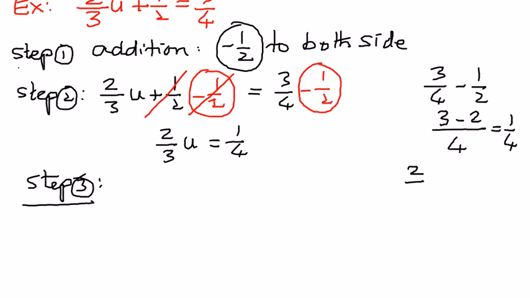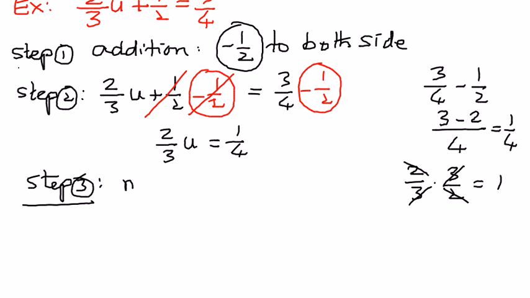The reciprocal of 2 over 3 is 3 over 2. And we know that when we multiply a number by its reciprocal, the product should always equal 1. In this case, it happens that way. 3 and 3 cancel out, 2 and 2 cancel out. We have 1 divided by 1, therefore the value is 1.